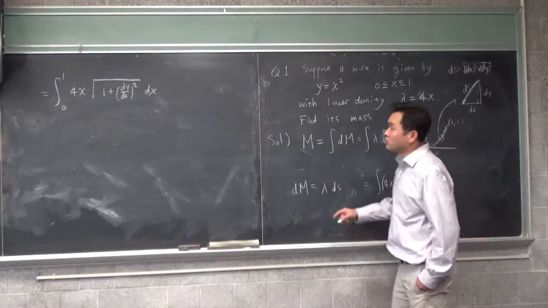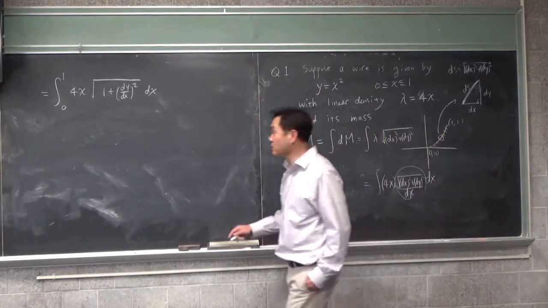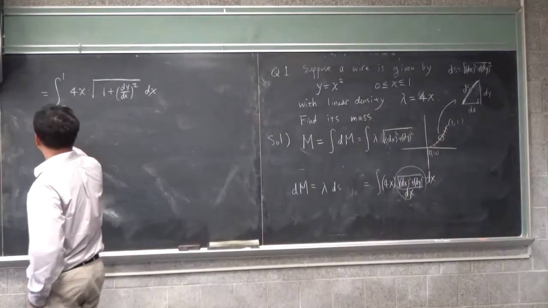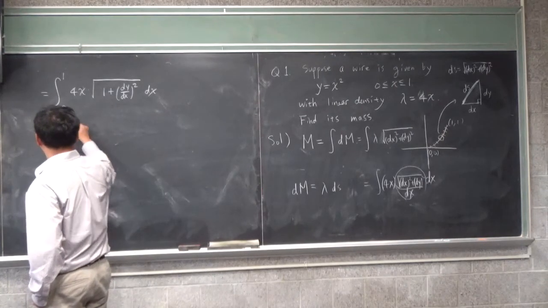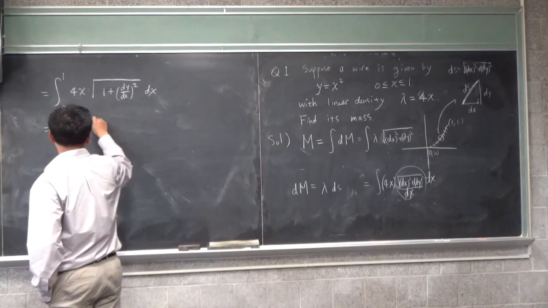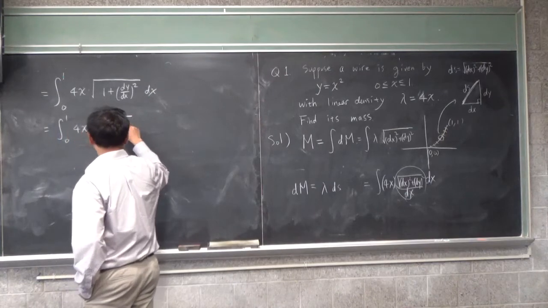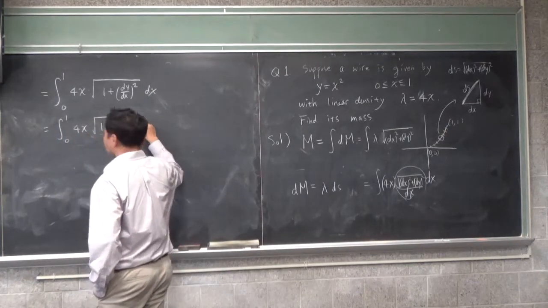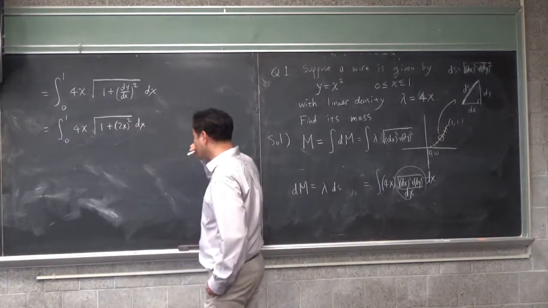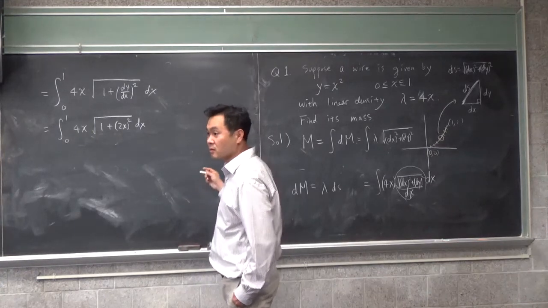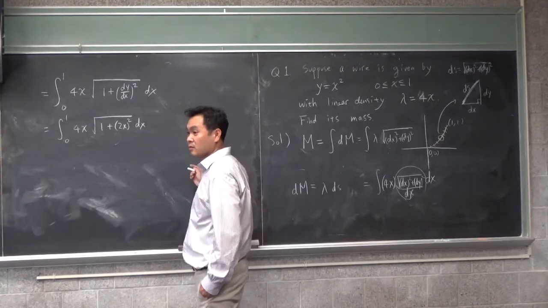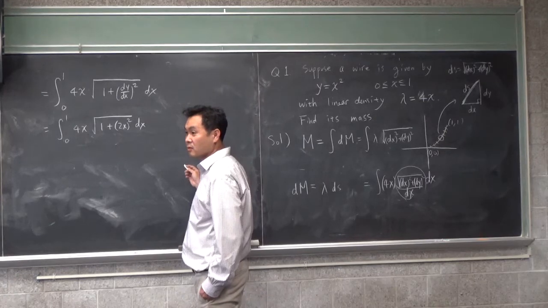And dy over dx is what? What is dy over dx? The derivative of y equals x squared is 2x. I have a question. Is this one of the cases where, when we do the integration, something pops out that cancels?